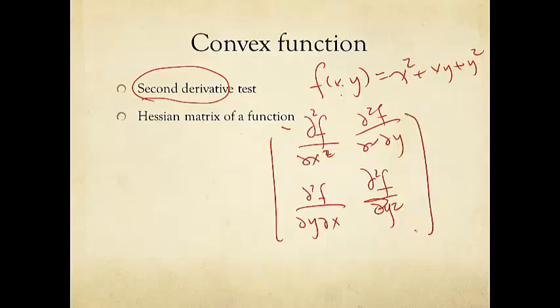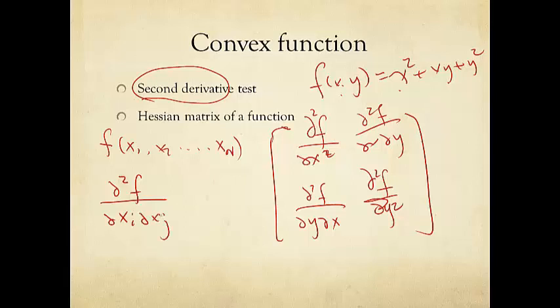This is the matrix. In general, we say, given a function f of variables x1, x2, up to xn, if we look at the partial derivative with respect to xi and then with respect to xj, this is the ijth entry of a matrix. That matrix is called the Hessian matrix, or in short, the Hessian of the function.